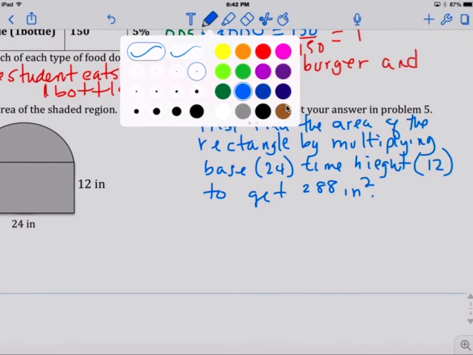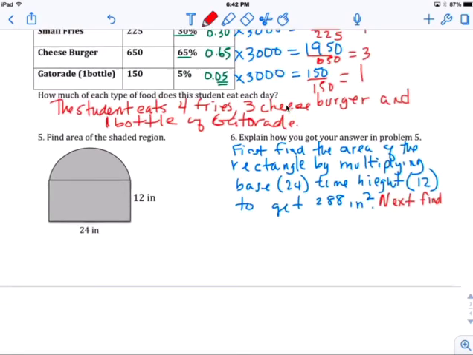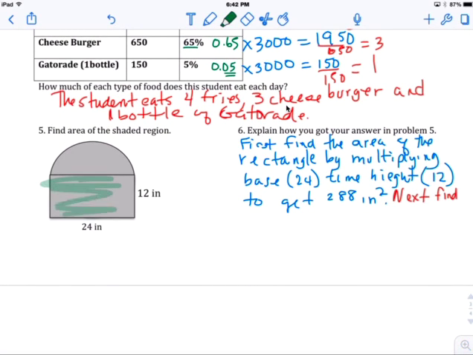Next, find, okay, we did this one already, so now we're going to do half a circle. So first we did area, base times height, 12 times 24.